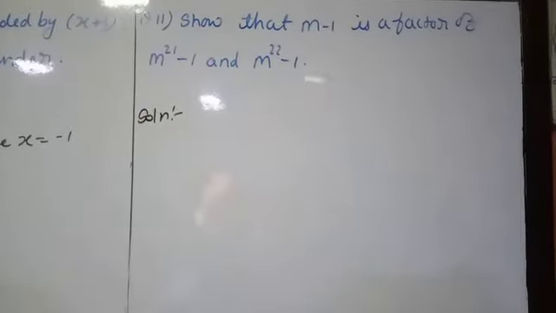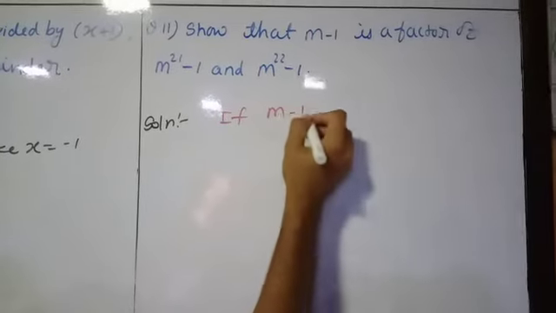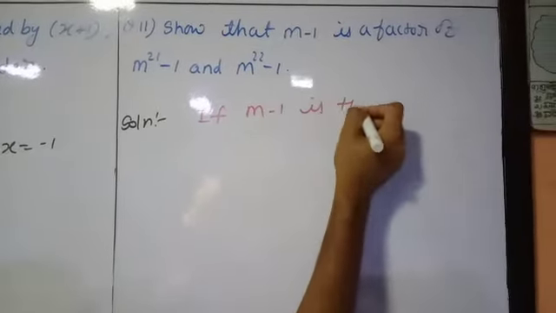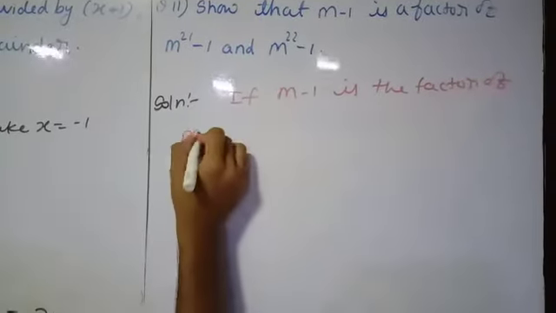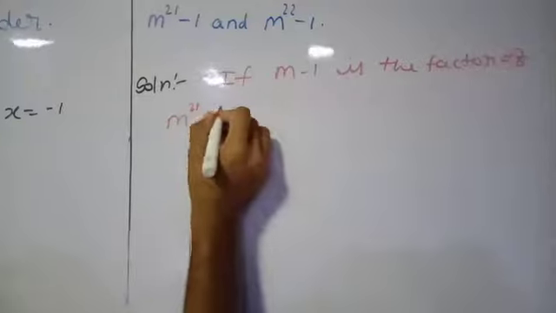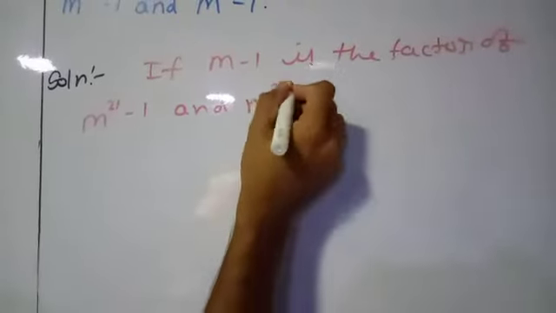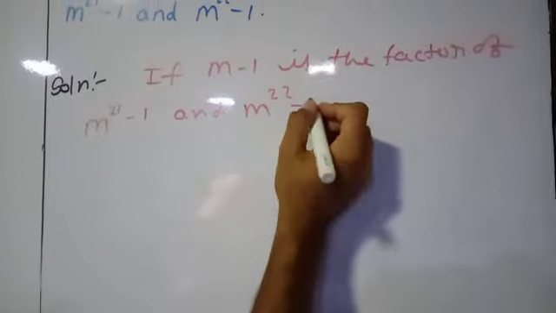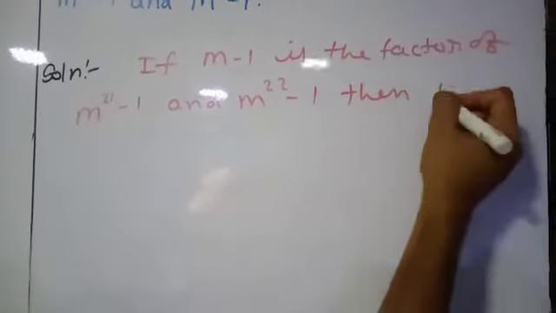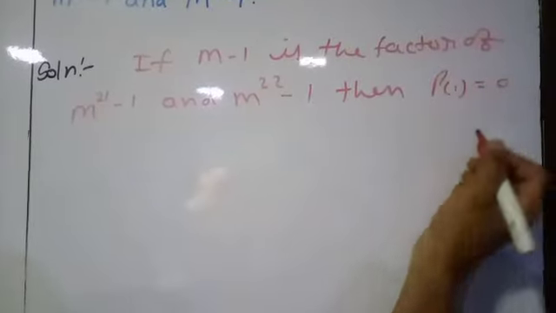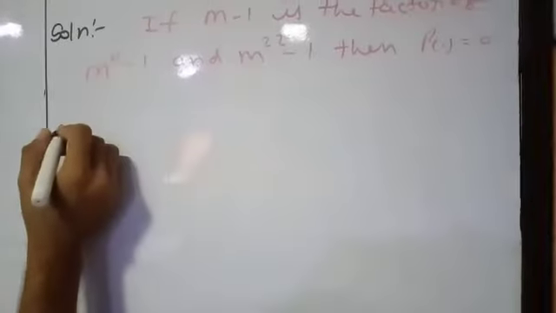If m minus 1 is a factor of m raised to 21 minus 1 and m raised to 22 minus 1, then we will get p(1) is equal to 0 in each and every case. Let's start.